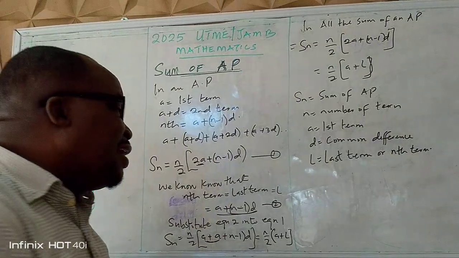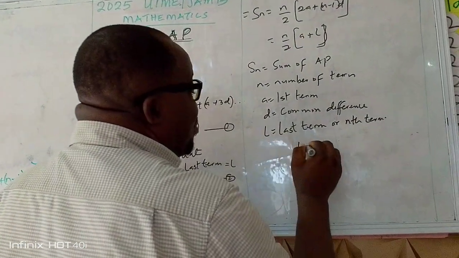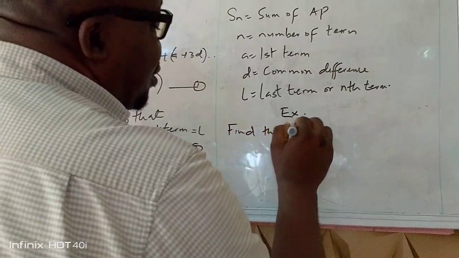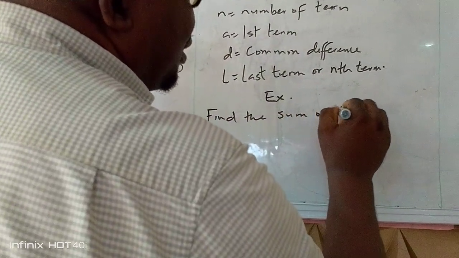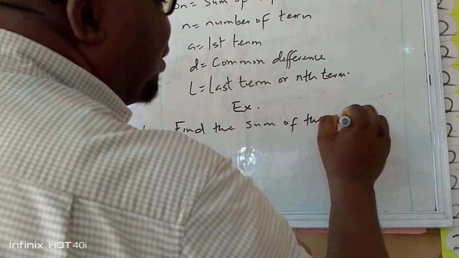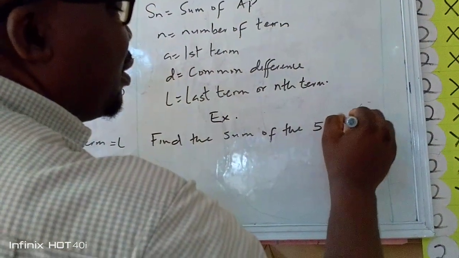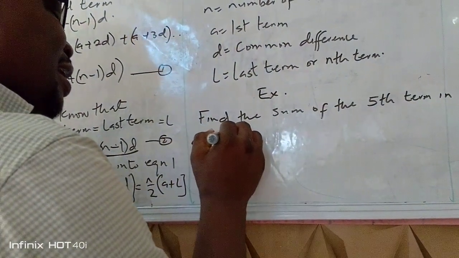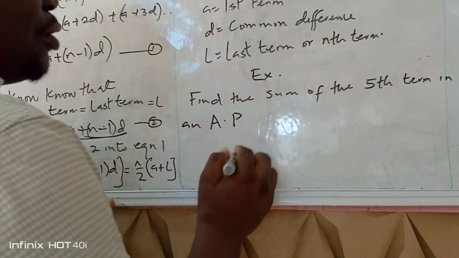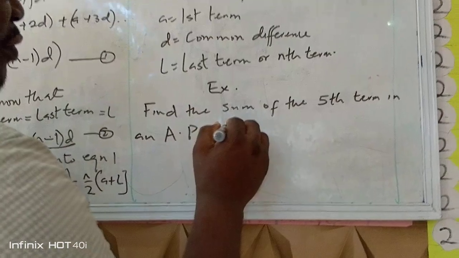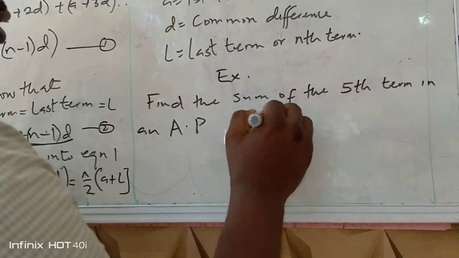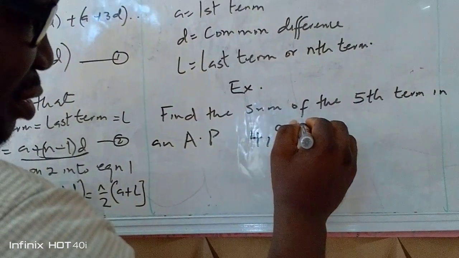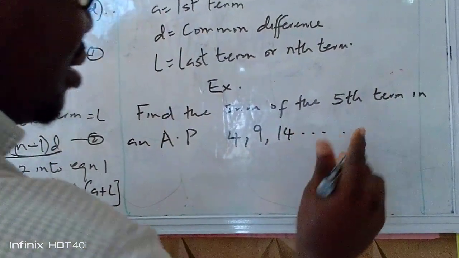For example, I can say, find the sum of the fifth term in an arithmetic progression for 4, 9, 14, like that.